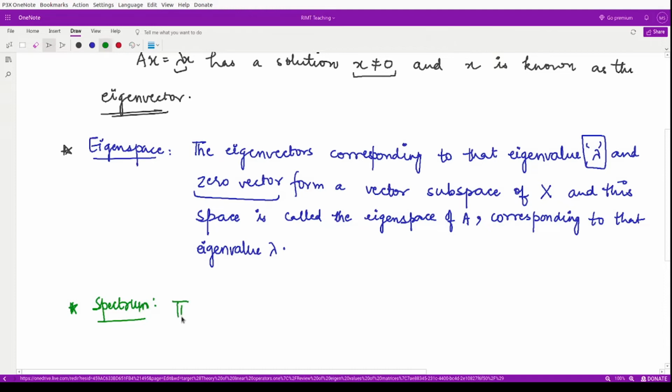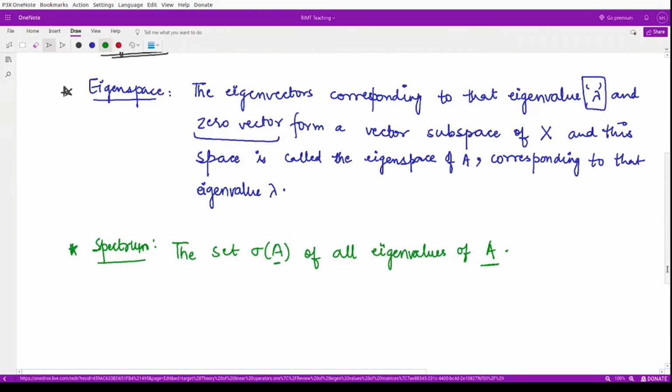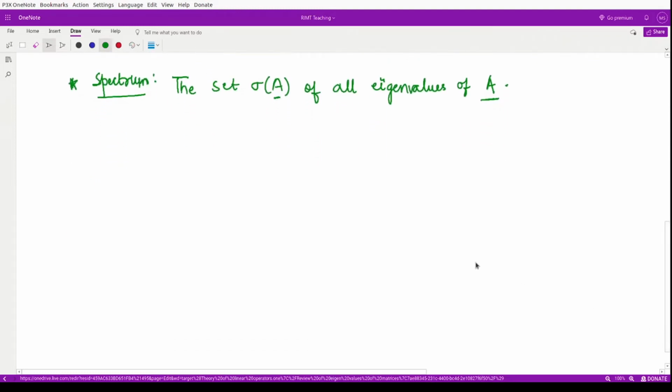We may define spectrum to be the set sigma of A, where A is the matrix, of all eigenvalues of A. So if you find all the eigenvalues of this matrix A and collect them into a set, that set is known as the spectrum of the matrix A, denoted by sigma of A.